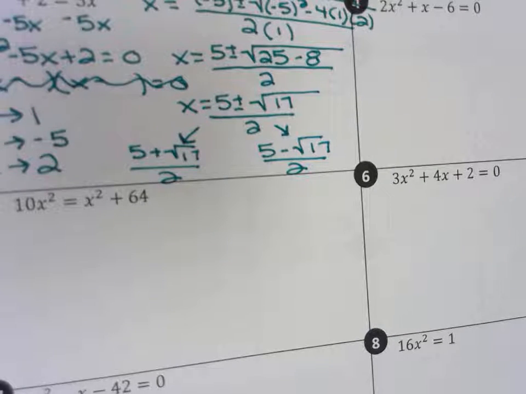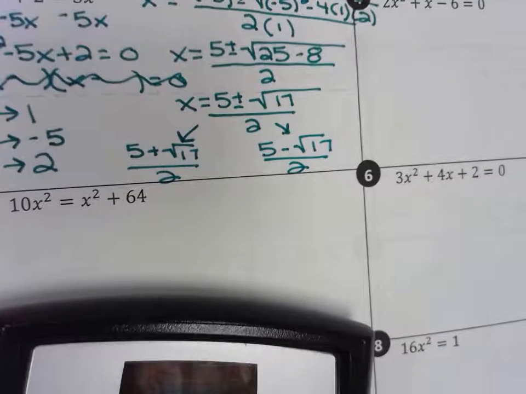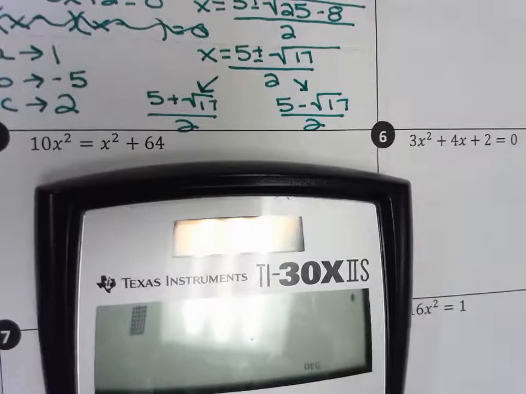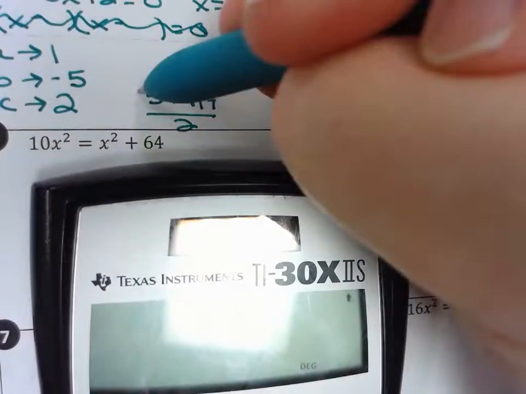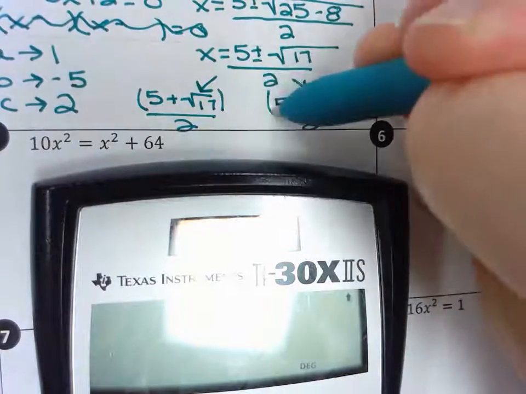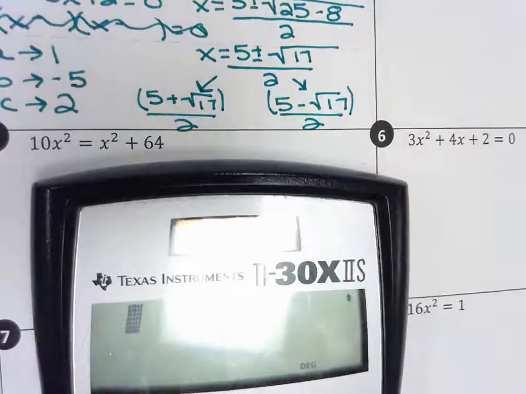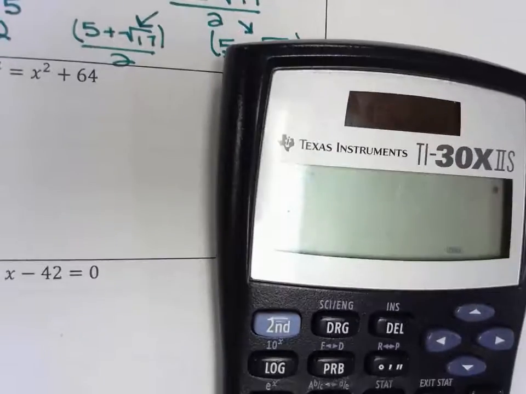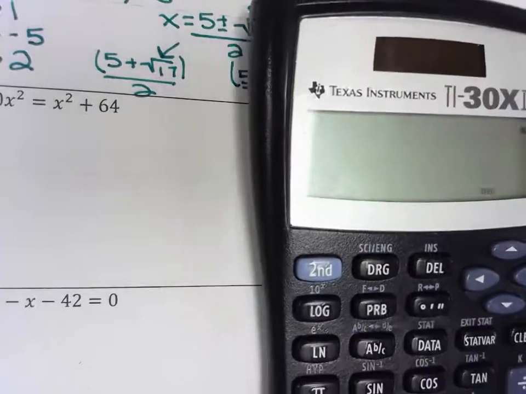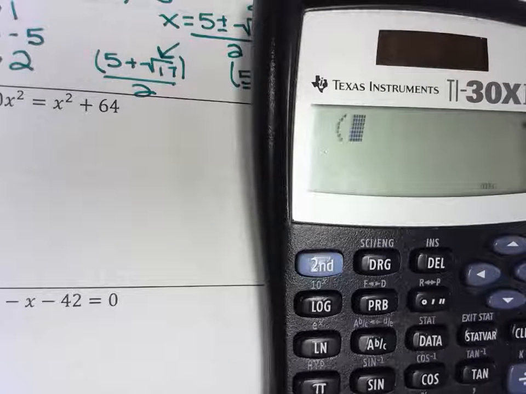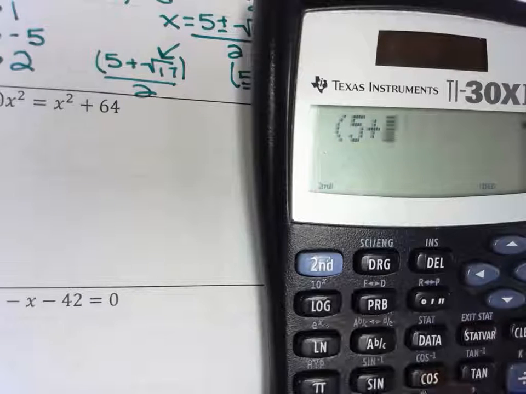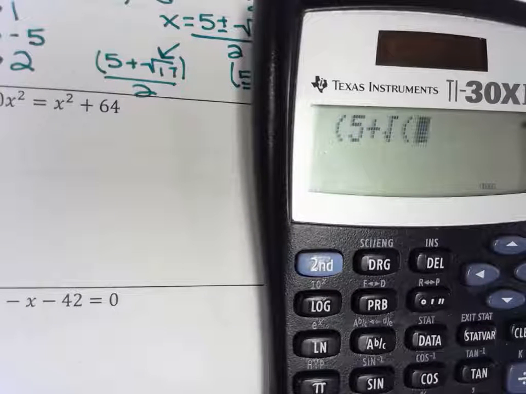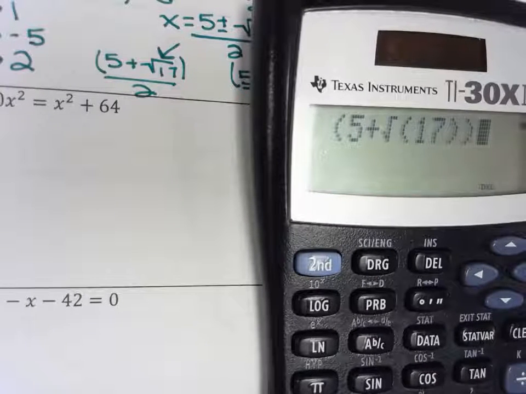Now, as you plug this in your calculator, be careful. I explained this when we did it in the notes Thursday. You have to put parentheses around your entire top part when you plug it in your calculator. If you're still struggling, look up here. Parenthesis, 5 plus the square root, so second x squared, 17, parenthesis.